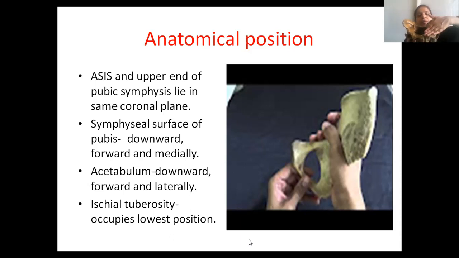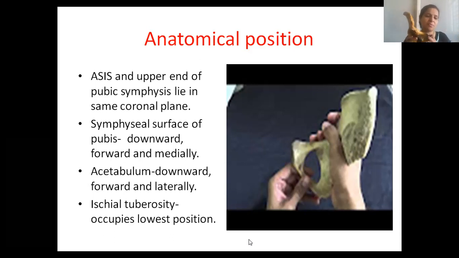They lie in the same coronal plane, okay, anterior superior iliac spine and the upper end of pubic symphysis. That's what you should be able to hold the bone in correct anatomical position like this. Okay, anterior superior iliac spine and the pubic symphysis area, they lie in the same coronal plane.